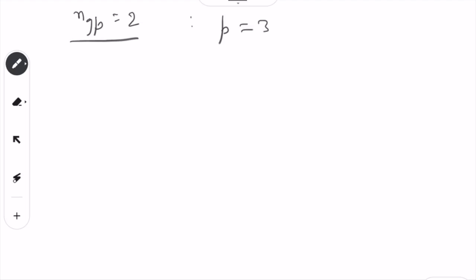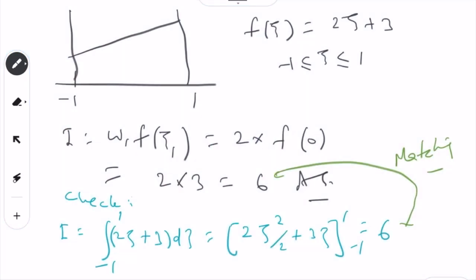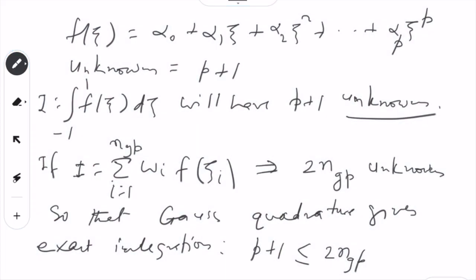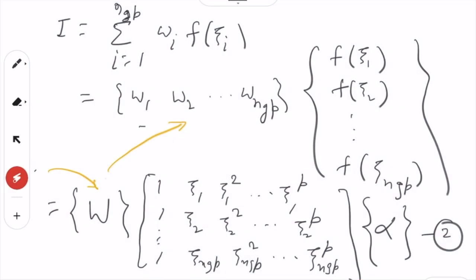So let's go to that equation, and what do we find? Okay, so M times W equal to this equation. Here, for M times W, we have p equal to 3, right.